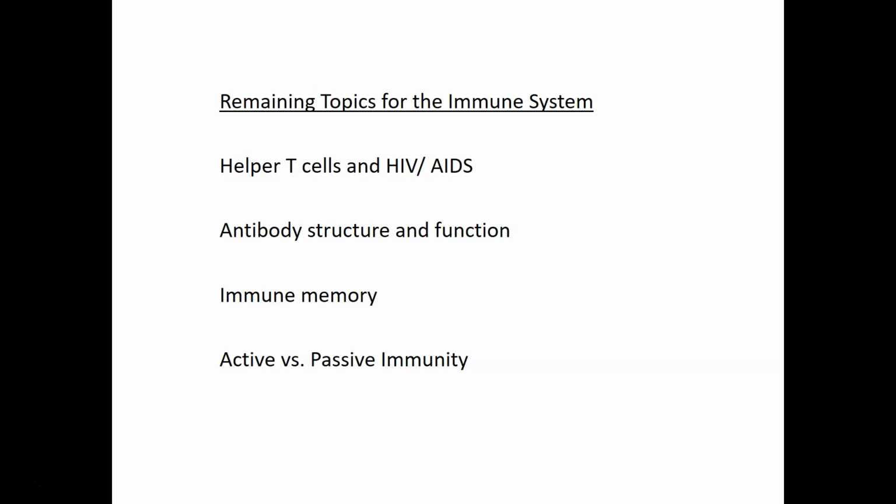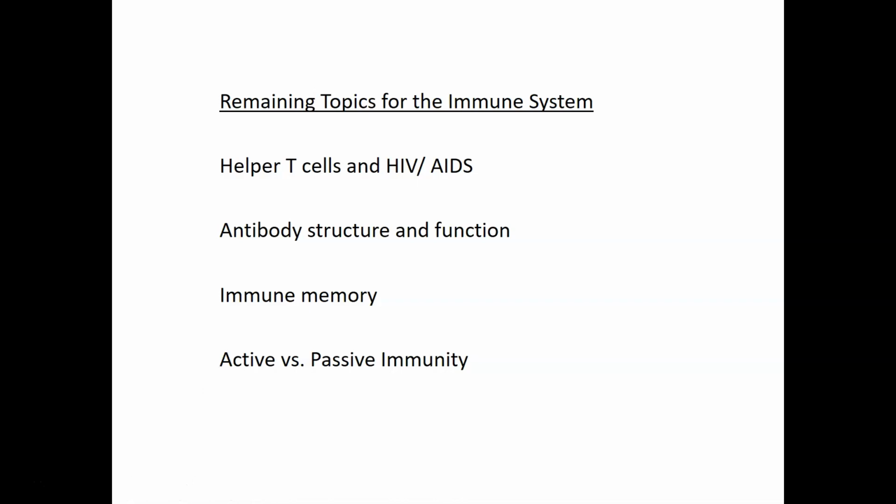So we talked all about how B cells are activated, and they differentiate to plasma cells which produce antibodies, but we didn't really talk much about how antibodies work or the structure of them. So that's another topic. And then I'd like to say a few words about immune memory.